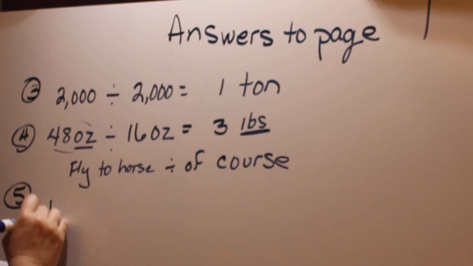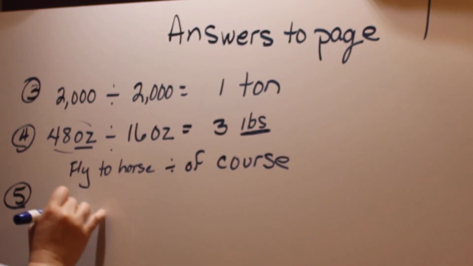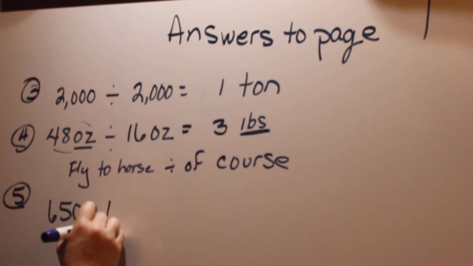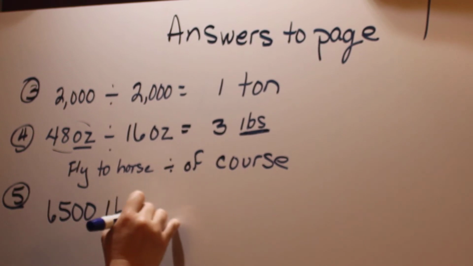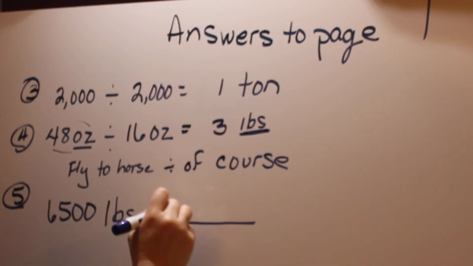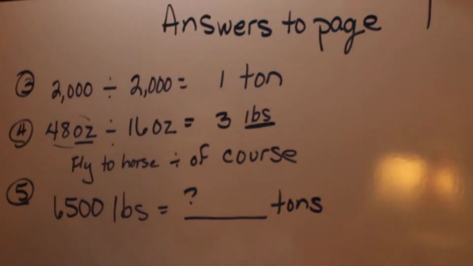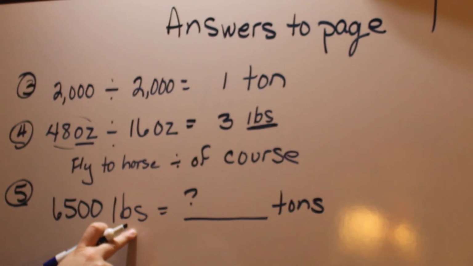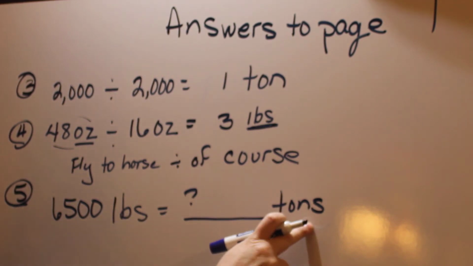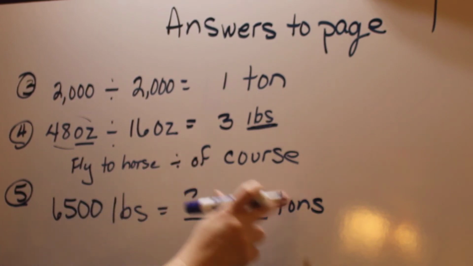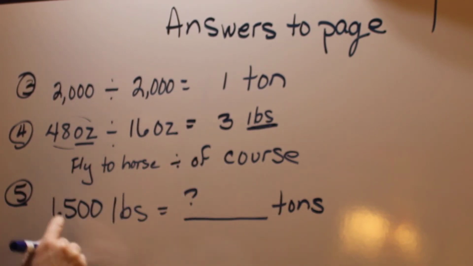So they gave you 65,000 pounds, and they wanted to know it equals how many tons, right? So if I'm going from a smaller unit of measure to a larger unit of measure, fly to horse, divide, of course.